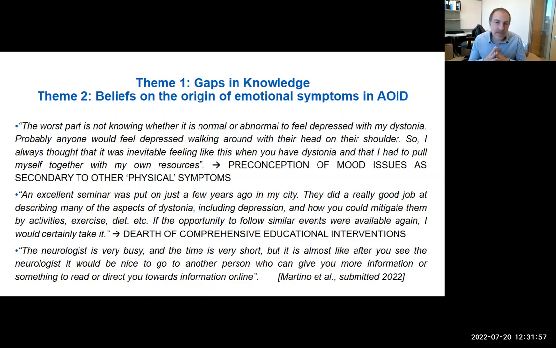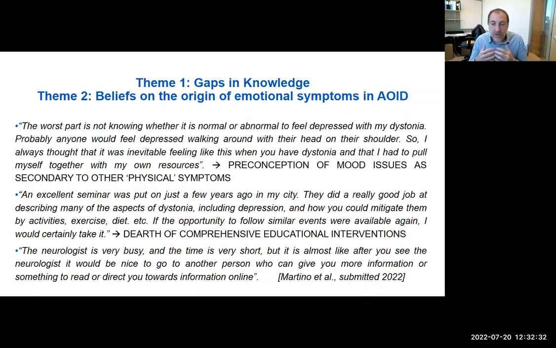The first theme that came out from this qualitative research is that patients have knowledge gaps that lead them to believe that depressive or anxiety symptoms may originate from physical symptoms of dystonia, like pain or simply motor symptoms of dystonia.